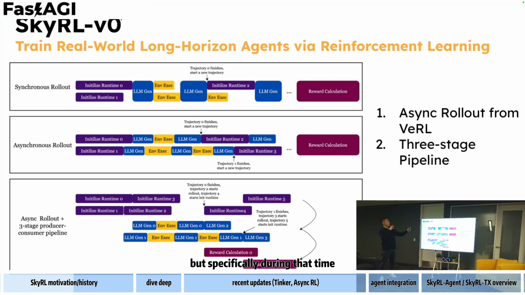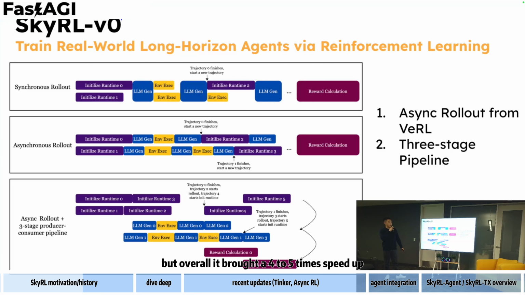But specifically during that time, most of the RL frameworks used the synchronous inference engine, and that was a big issue for the team to work on such multi-turn long horizon agent RL. And on top of Virl, the team worked on asynchronous inference, made the training framework use asynchronous inference, and then on top of that, there's also the 3-stage producer consumer pipeline, which I will discuss later.